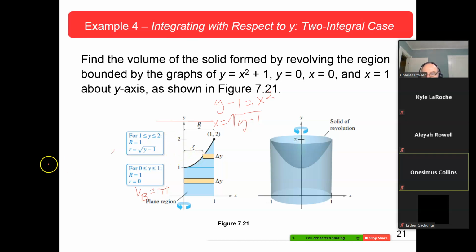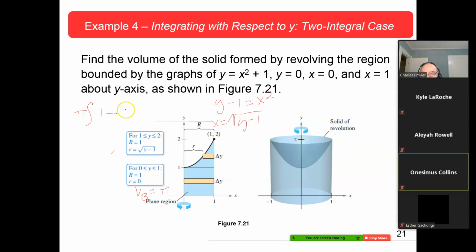Okay. So let me see if I can find the room to do it. This will be the integral, and you remember you got your pi out front, because pi times the big radius is going to be 1, and 1 squared is 1. So that's going to be 1 minus, and your little r here, your x on the inside, is the square root of y minus 1.